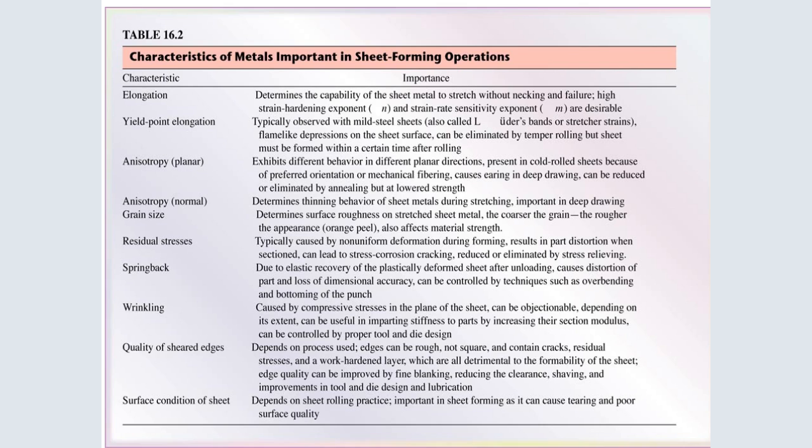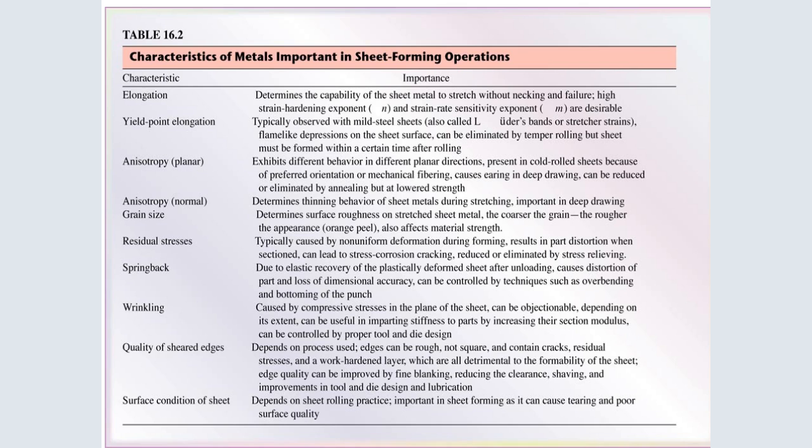One of the characteristics is elongation. What is elongation? Elongation determines the capability of the sheet metal to stretch without necking and failure. Necking is the bending, or the possibility of the end part of a tool or an output being deformed.